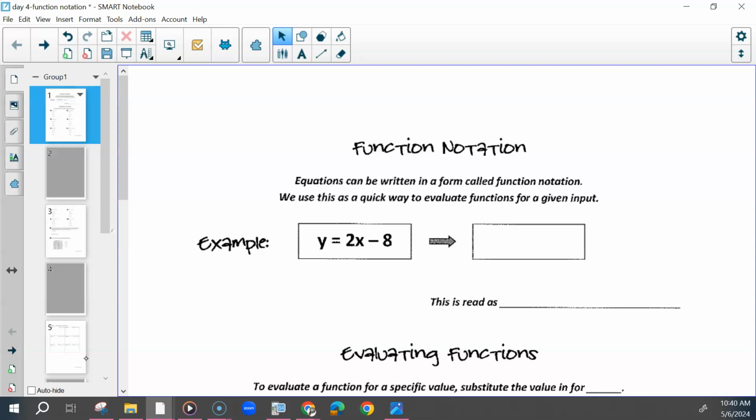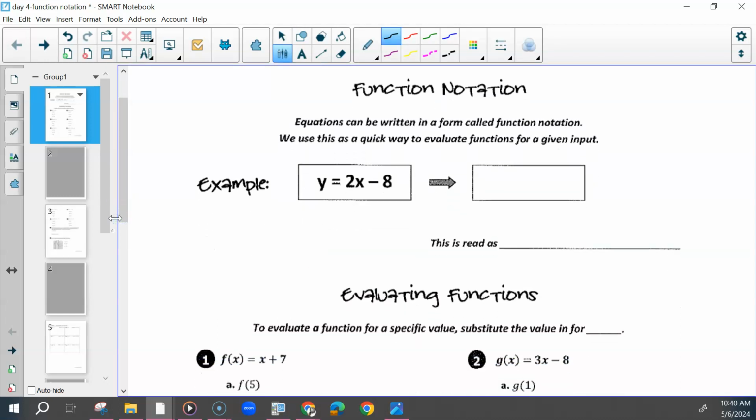for the new things. So function notation is going to be very similar to evaluating, but it looks different. Instead of an equation, you're going to see it in function notation, where you see f of x instead of a y. They're really similar. Y equals is for equations.